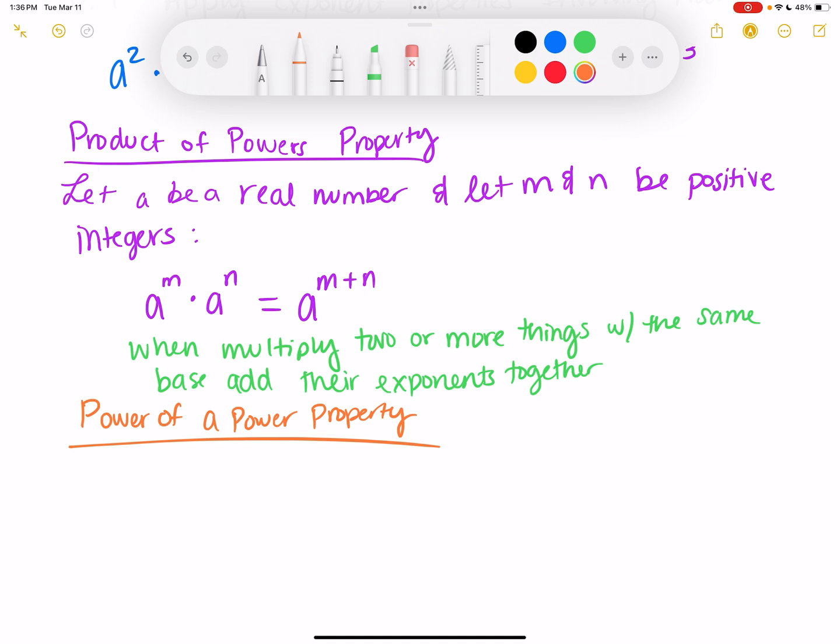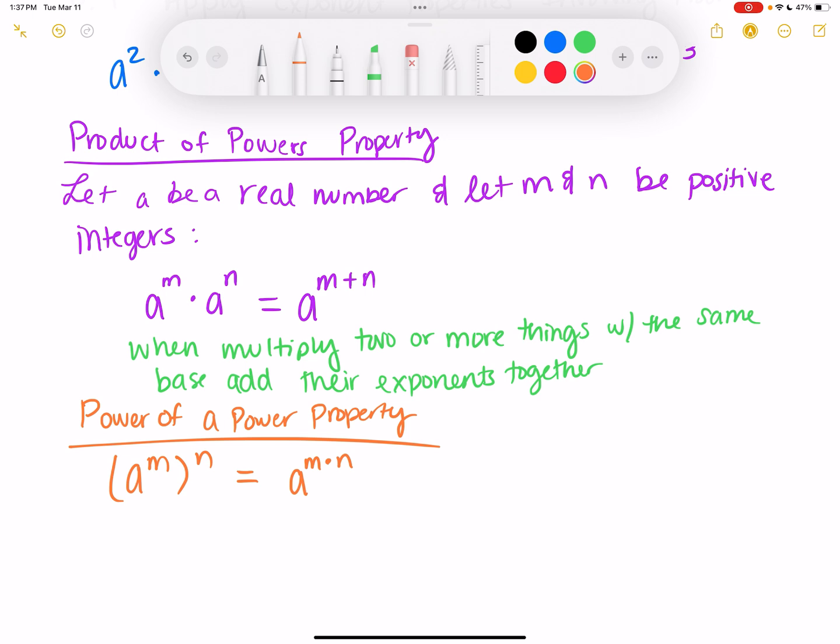But if I have a to the m all raised to the n, this is equal to a to the m times n. So I multiply their exponents. This is like if I have one thing raised to a power raised to another power. When that's a power to a power, we multiply.